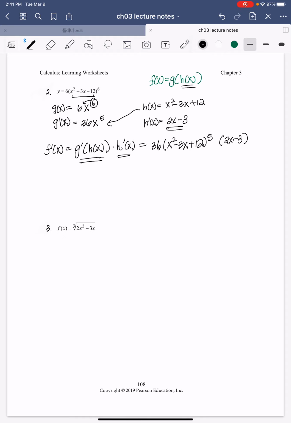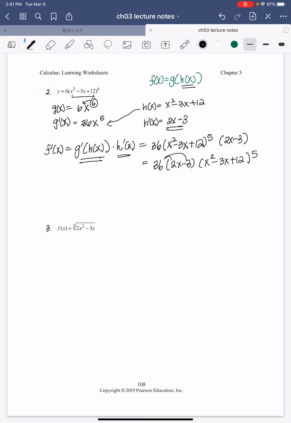Now this is fine too. This is perfectly fine. Or you can simplify a little bit more by rearranging these terms. Rearranging is okay because multiplication is commutative.